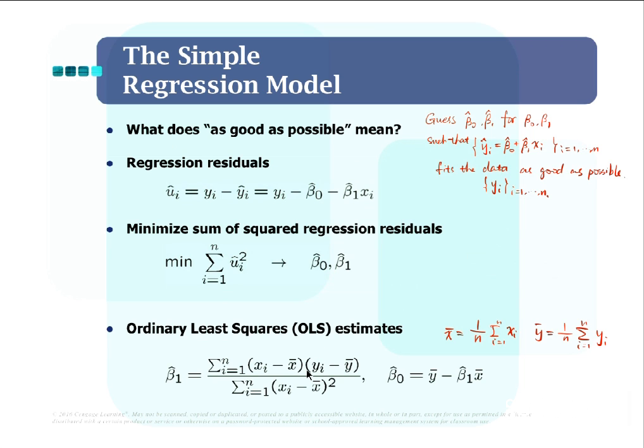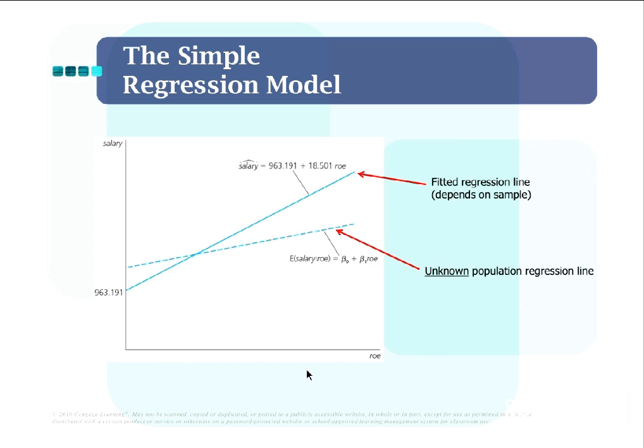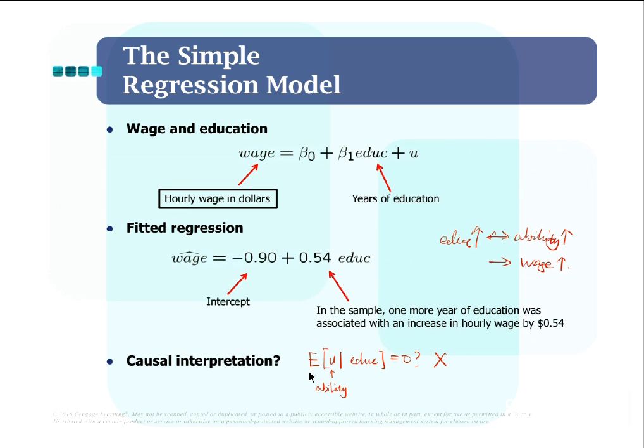From this, we get these two numbers, beta 0 hat equal to negative 0.9 and beta 1 hat equal to 0.54. So it says that in the sample, one more year of education was associated with an increase in hourly wage by 54 cents.